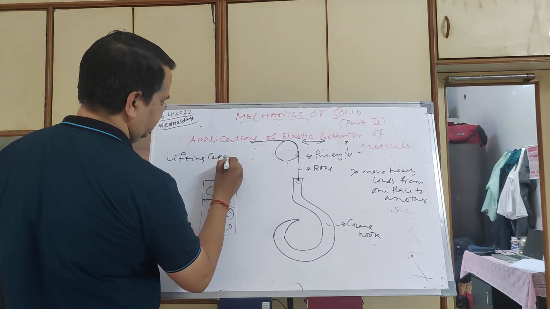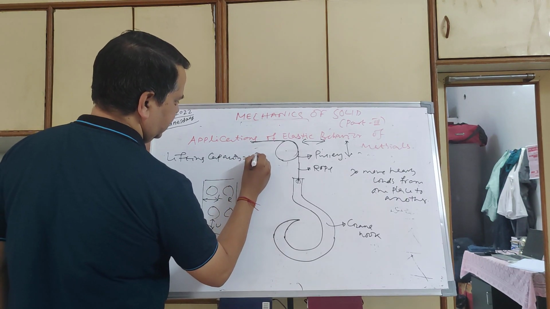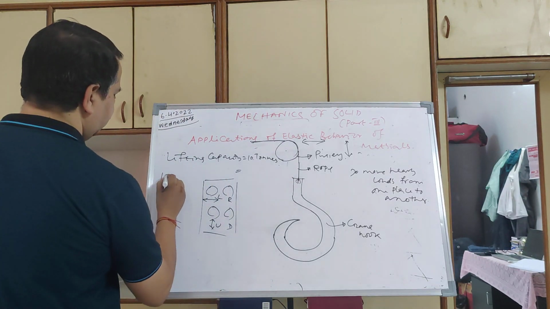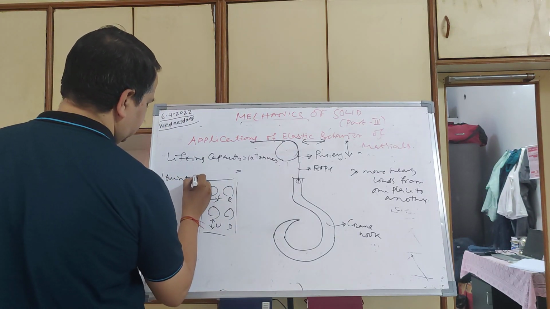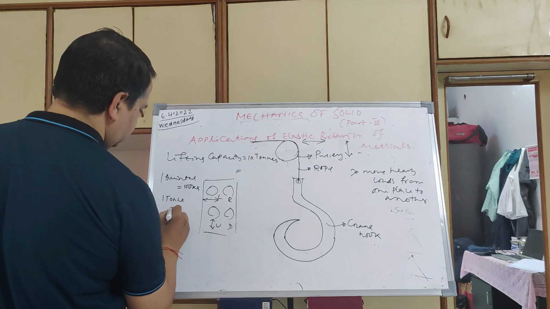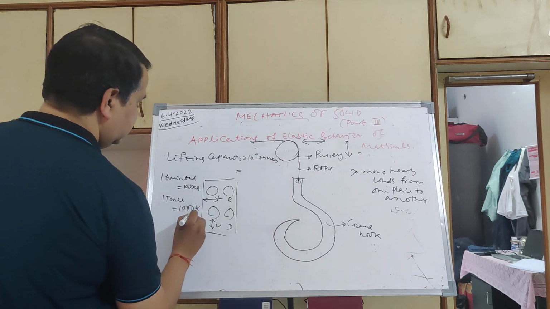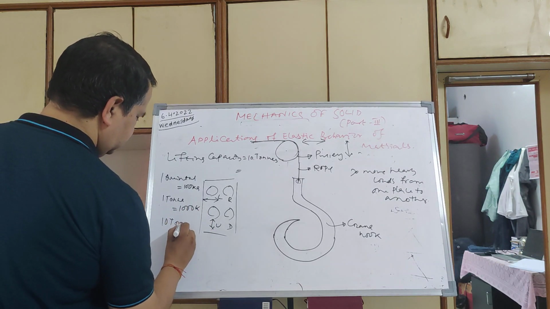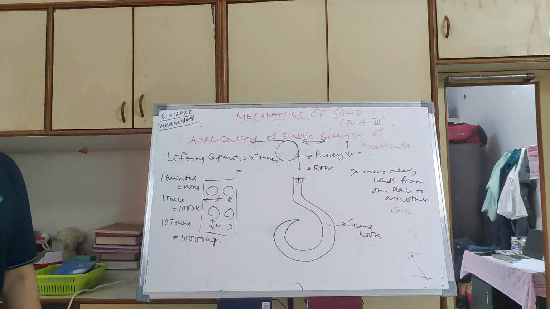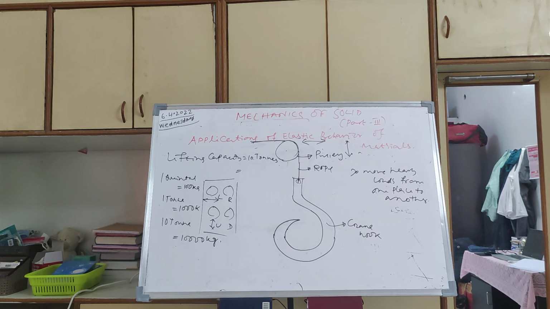Lifting capacity is equal to 10 tons. 1 ton is 1000 kg, then 10 tons is 10,000 kg. So that is the lifting capacity of the crane.